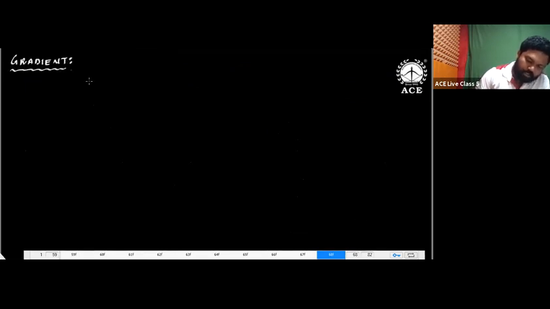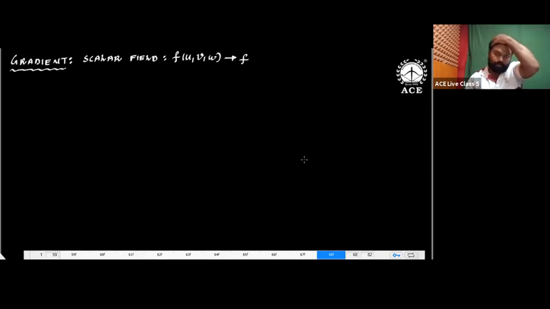Gradient is performed on the scalar field. Output is a vector field, isn't it? Yes. So here is a gradient. Let us consider the scalar field f of u comma v comma w. I'll represent it with f, beta.